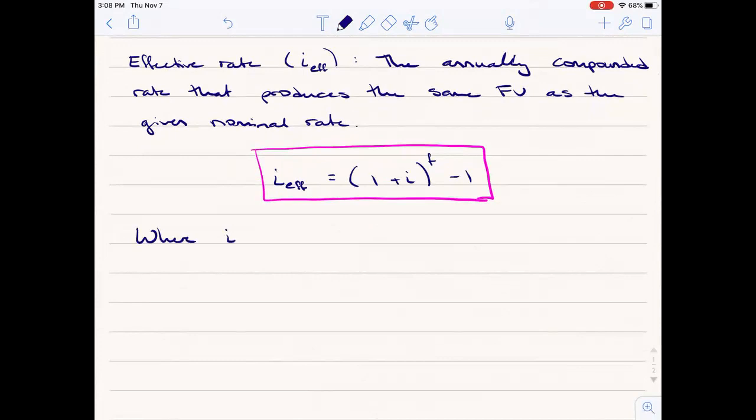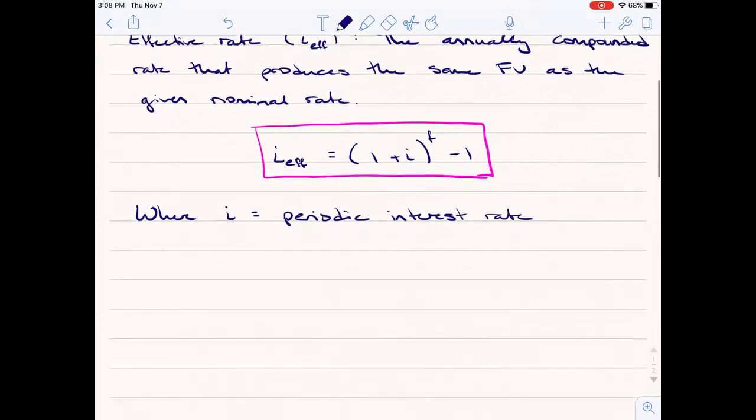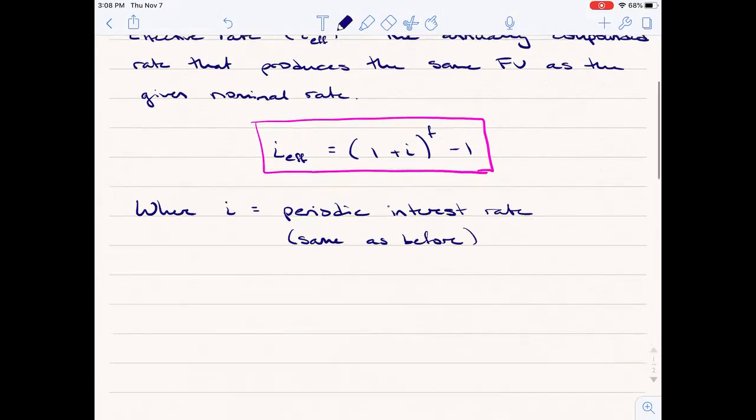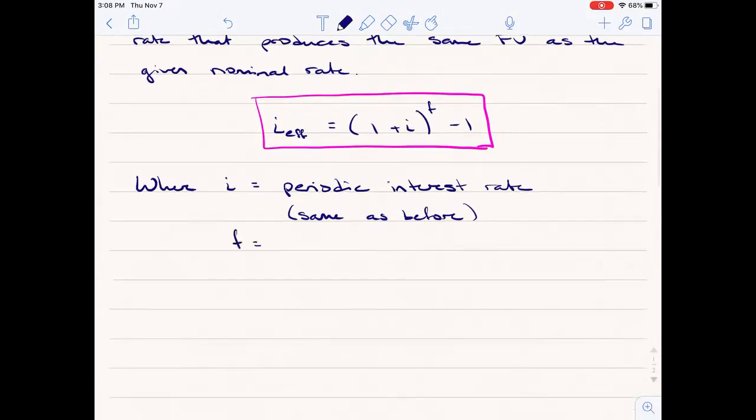Where I is the periodic interest rate, that's the same as before, right? Same as before. So nothing changes meaning really, just application. And F is the compounding frequency.